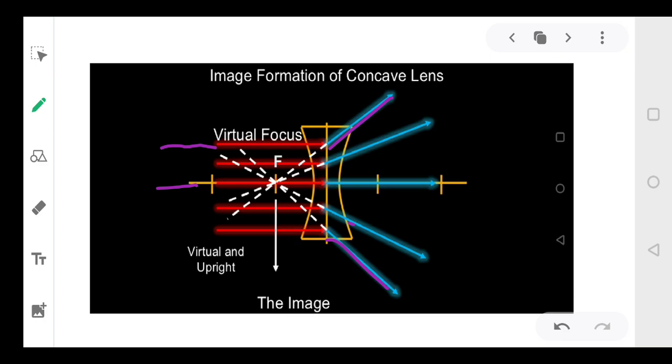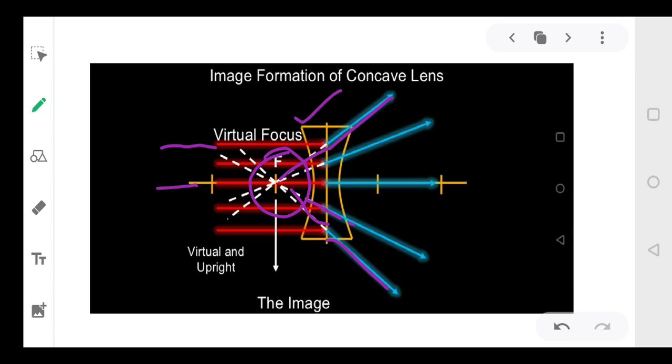But since any ray coming parallel to the principal axis should meet at the focus, we'll extend all these rays back, right? And this has to be dotted lines, and they will meet at this point F.